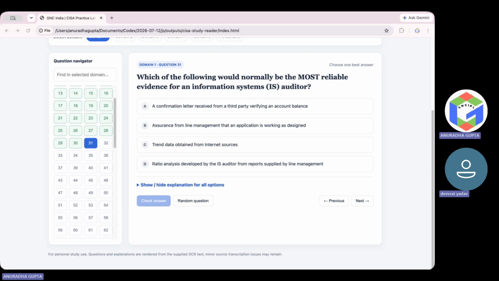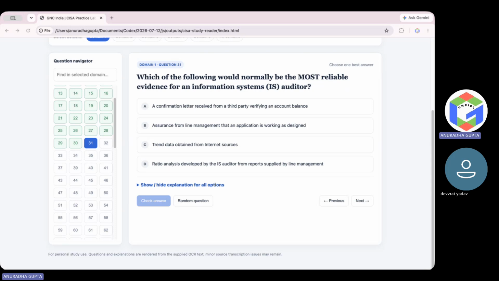Being an auditor, you cannot fully rely on the internal documentation or internal report, because the ratio analysis developed by the line manager is internal to that system, and he can be biased.